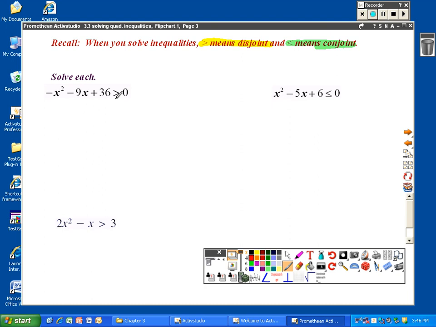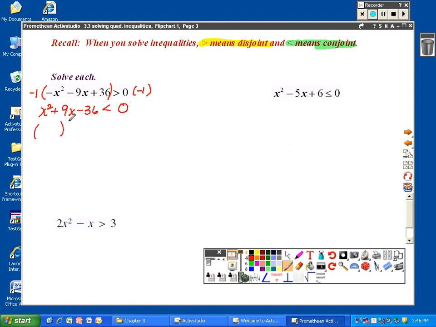So first of all, I like my square values to be positive. So I would divide or multiply everything by a -1. So that would give me x squared plus 9x minus 36. Multiplying by a negative will flip my sign, less than 0.